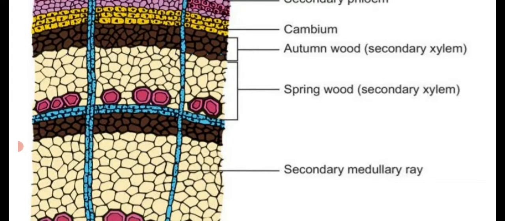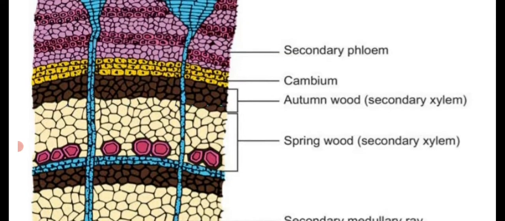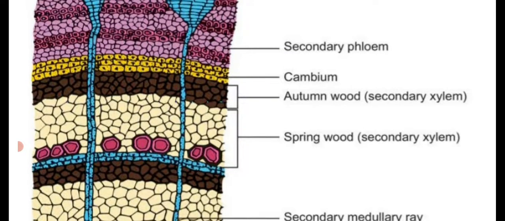Then the cambium, which is yellow in color. Inner to the cambium, they are producing secondary xylem, which is hard, that is known as autumn wood.